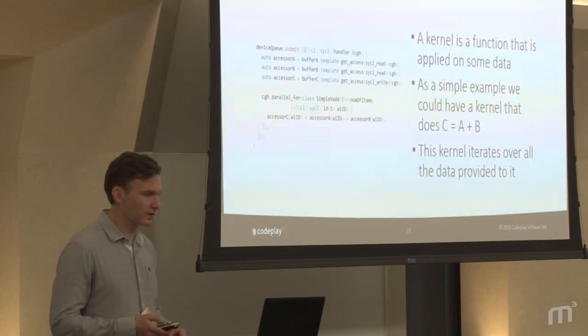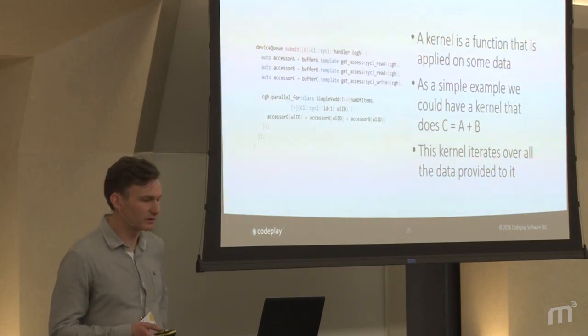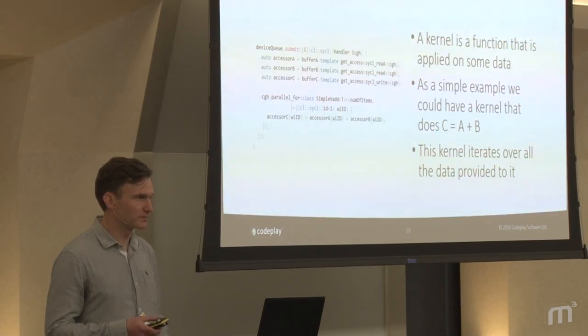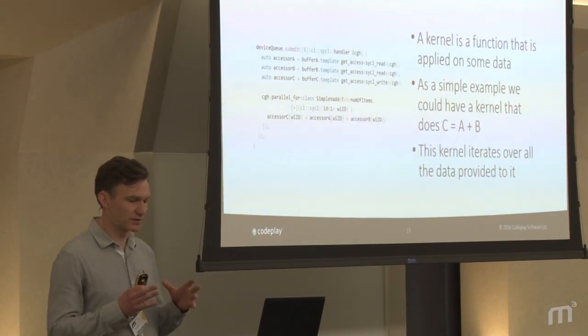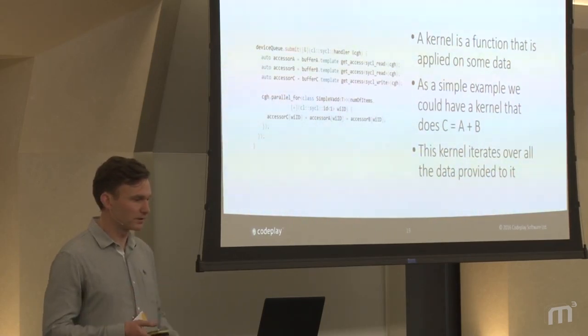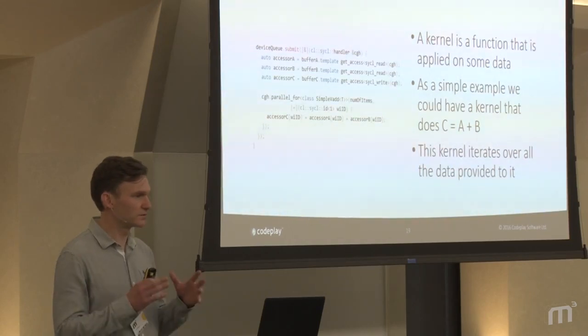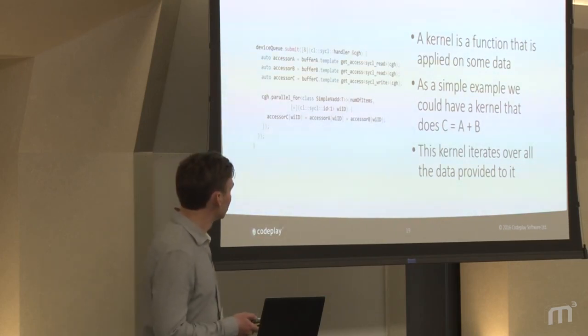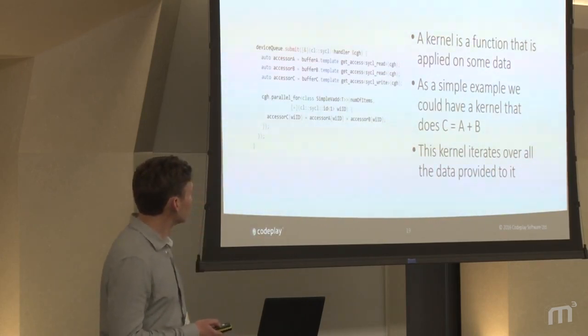So just to give you an explanation of what a kernel is, if you don't have a background in parallel programming: a kernel is effectively just a function that you can define and give to a programming framework that allows you to do parallel programming, and apply that on some data. The simple example here is using SYCL.